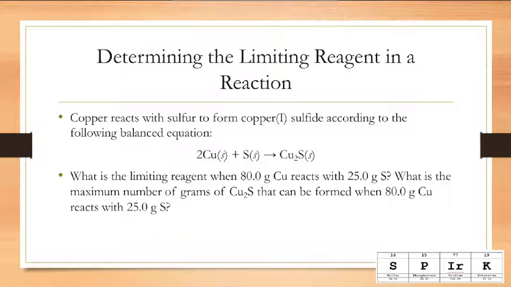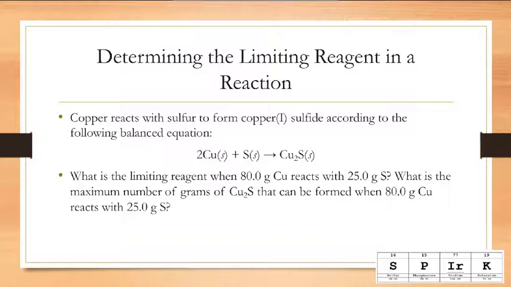It's going to say, what is the limiting reagent when 80.0 grams of copper reacts with 25.0 grams of sulfur? And then the second part of the question is going to say, what is the maximum number of grams of copper(I) sulfide that can be formed when 80.0 grams of copper reacts with 25.0 grams of sulfur?